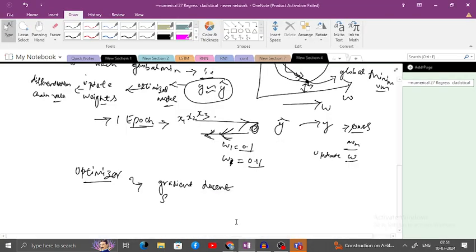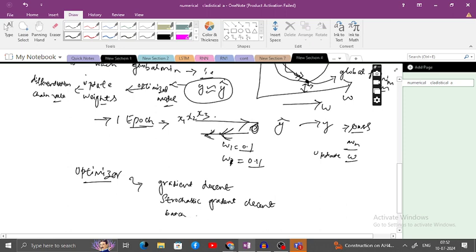Optimizer types. You have the gradient descent optimizer, stochastic gradient descent, batch gradient descent.